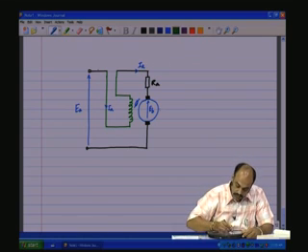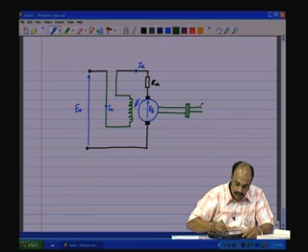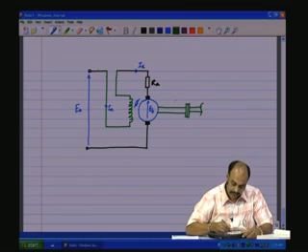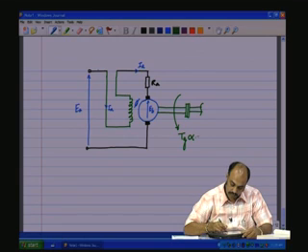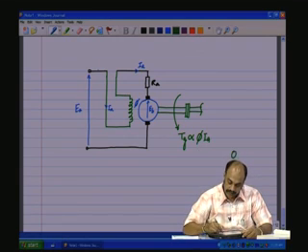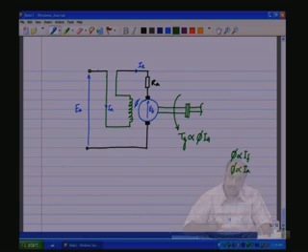And then what happens to the torque at the mechanical side? The torque that is generated, we know, is proportional to the flux into Ia, but the flux is proportional to the field current, and the field current is the same as Ia. So flux is proportional to Ia, and therefore Tg is proportional to Ia square in the series motor.